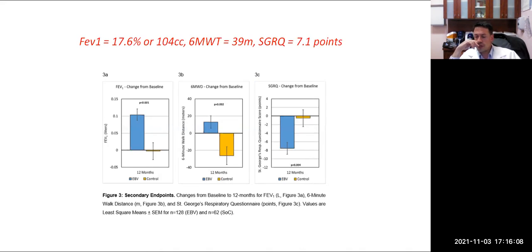So just as a reminder, we always talk about statistical significance, clinical significance, right? So clinical significance is what we care about. In terms of clinical significance, the SGRQ is 4. So that is more than clinically significant. And in the NET trial, which was the surgical lung volume reduction, the SGRQ was 8 points.